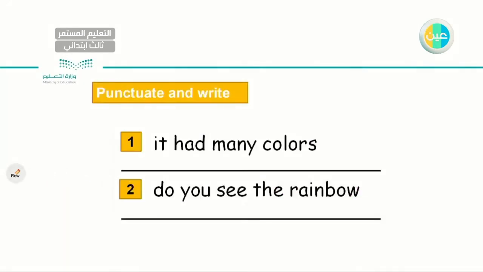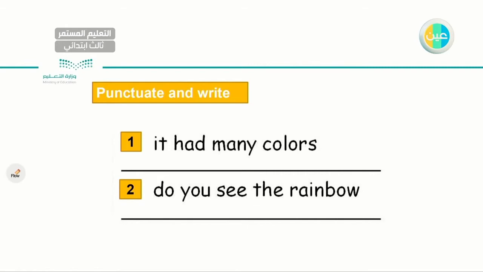Now, let's try to punctuate. As you can see, punctuate and write. I have two sentences, my dear students. Let's read the first one and tell me what's missing here. What do I need to write correctly? It had many colors. As we learned, we should start with what? A capital letter or a small letter? A capital, that's right.